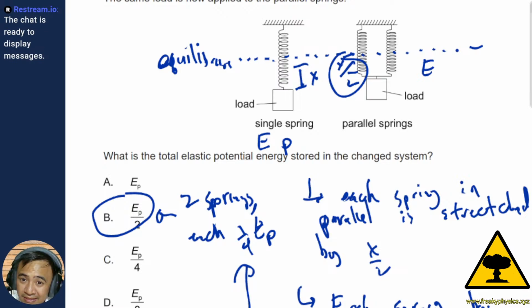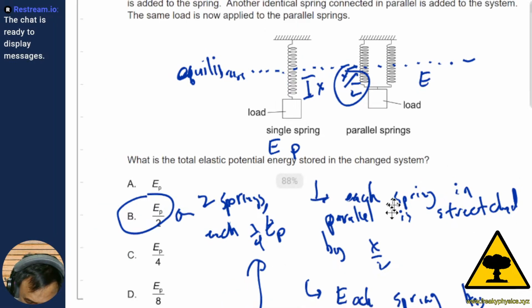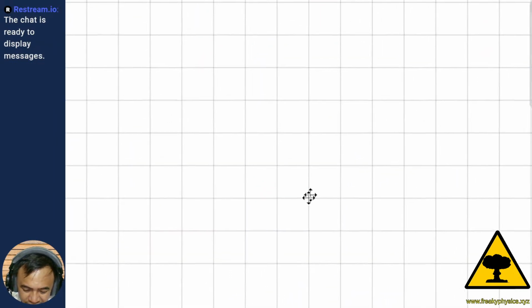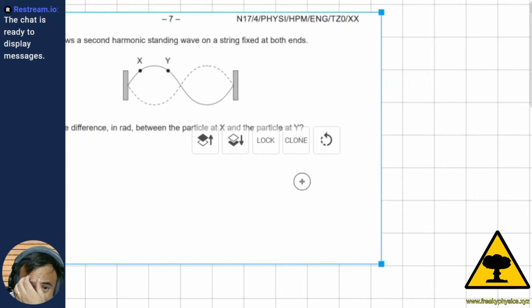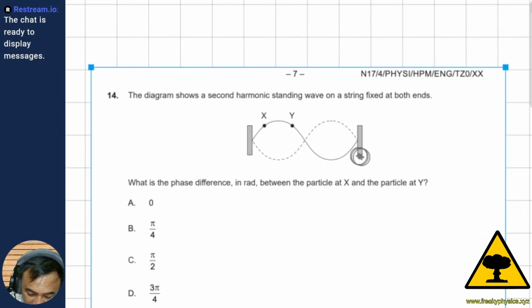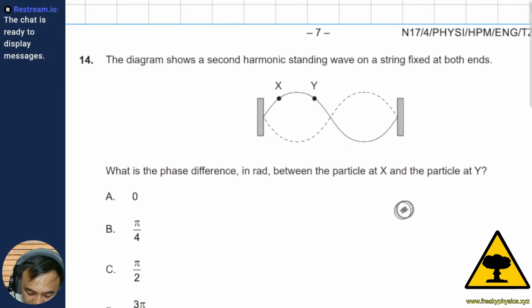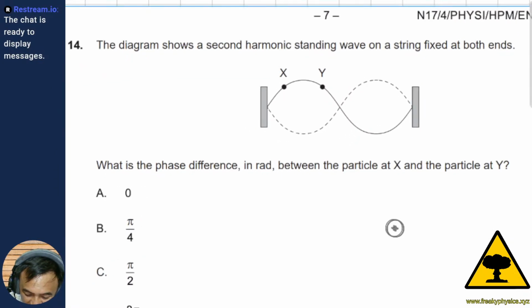All right. Let's take a look at the last multiple choice problem here. Then we'll go through the next restructured problems afterwards. The last multiple choice problem is here. What's the phase difference between particles on a second harmonic standing wave?